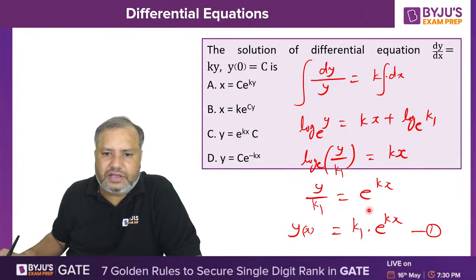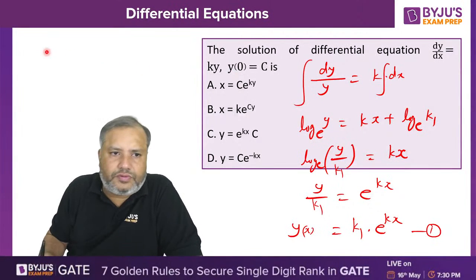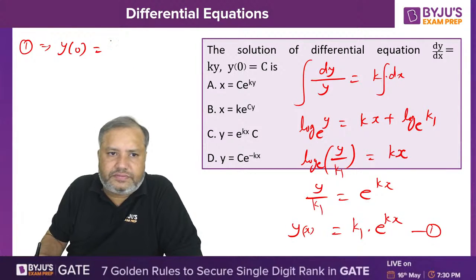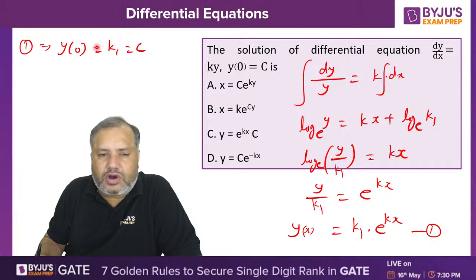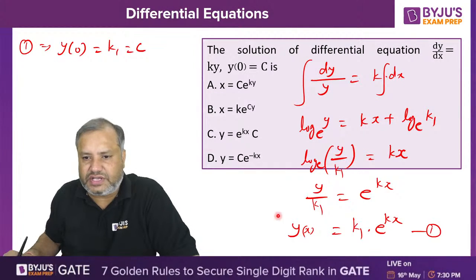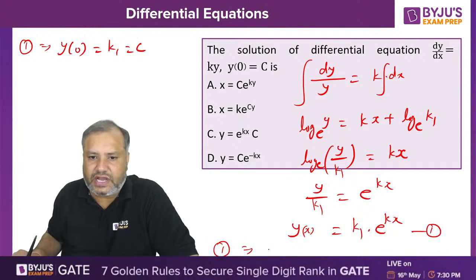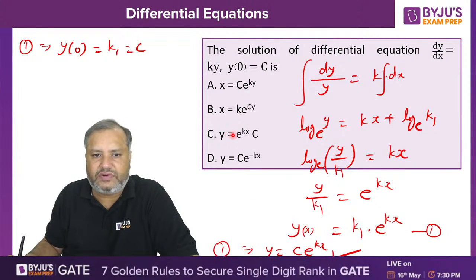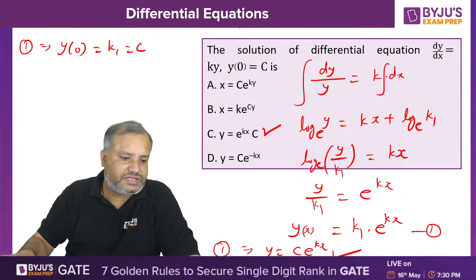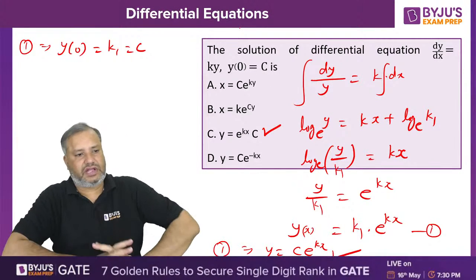Now apply the initial condition. So y of 0, put x equal to 0, so k1. So k1 is equal to c. So we have got the value of k1. So k1 is nothing but c. So equation 1 is saying that y equal to c e raised to kx. Now see which one is the answer. y equal to c e raised to kx. Option C? Yes, sir. Option C is the correct answer.